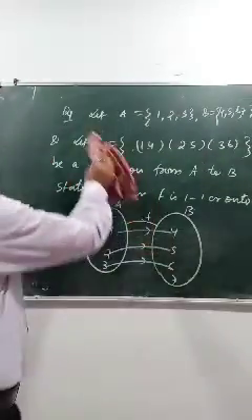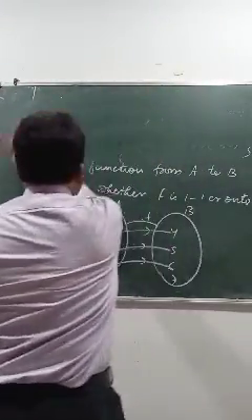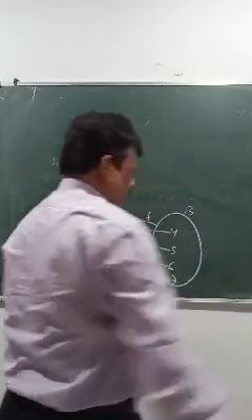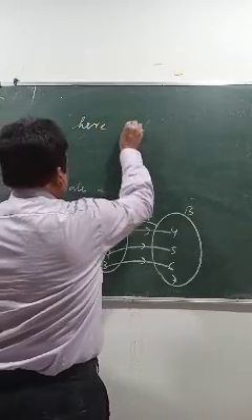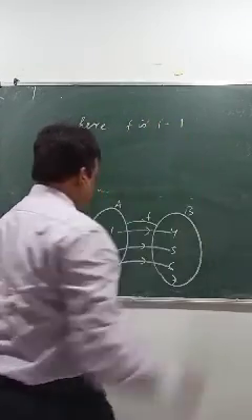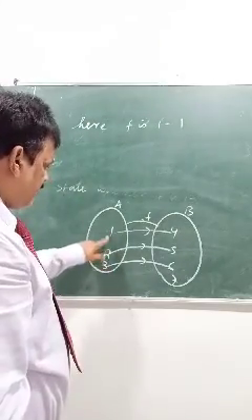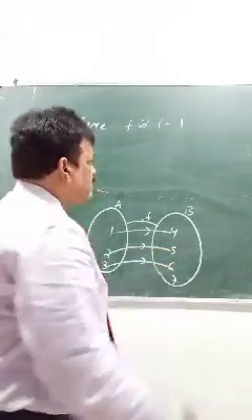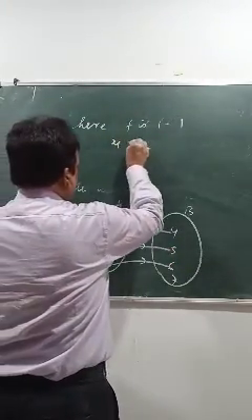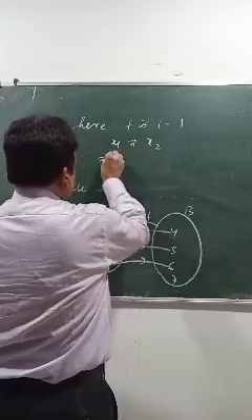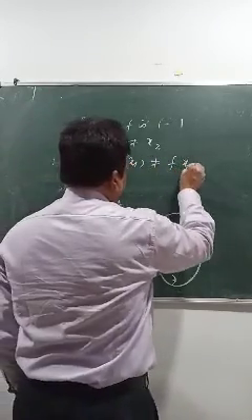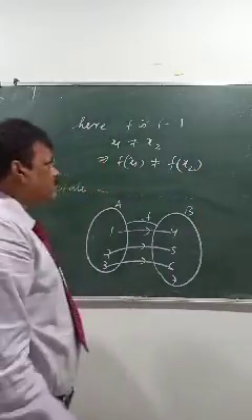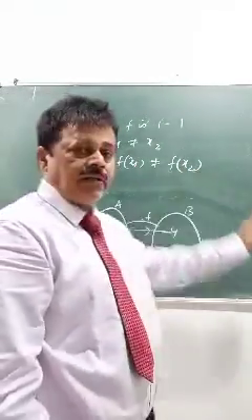So conclusion is f is 1-1. Why 1-1? Because distinct elements have distinct images. So you can write x1 not equal to x2 implies f(x1) is not equal to f(x2).